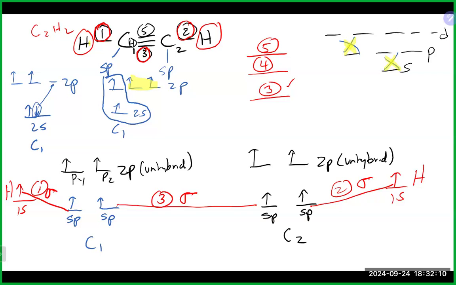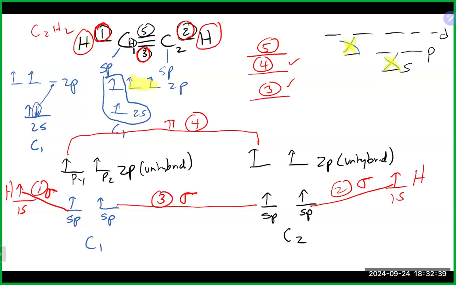We already know that our double bond, or second line, is a result of the p orbitals overlapping. That would be a result of these two doing this sideways overlap because these are unhybridized. And that will be our pi bond in this case, which is bond number 4. So what is left to make the triple bond at this point?